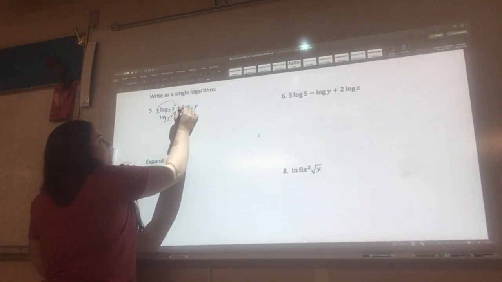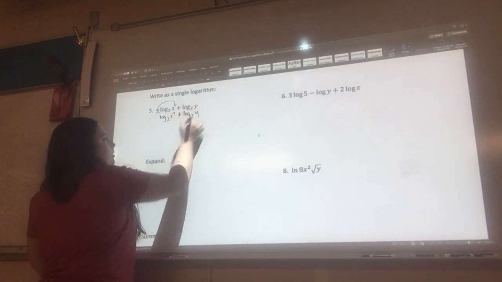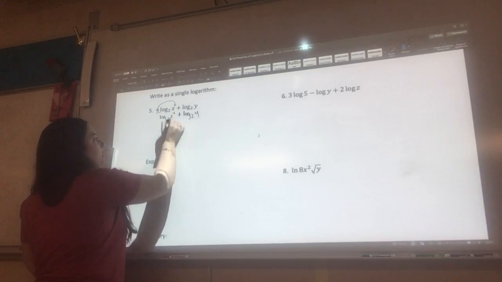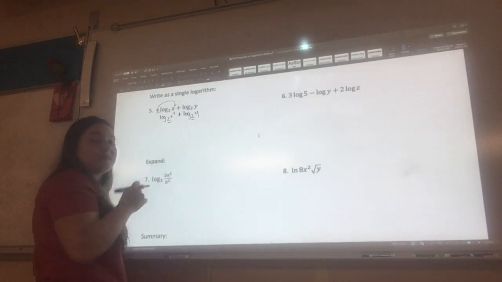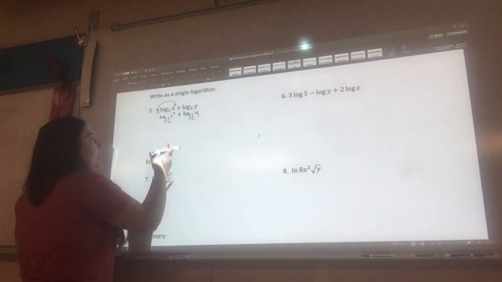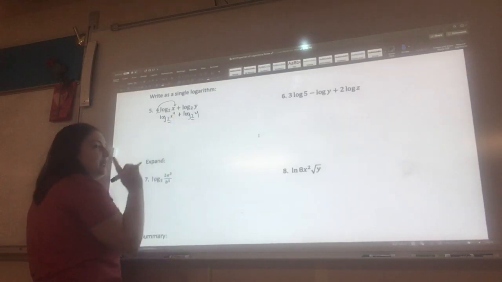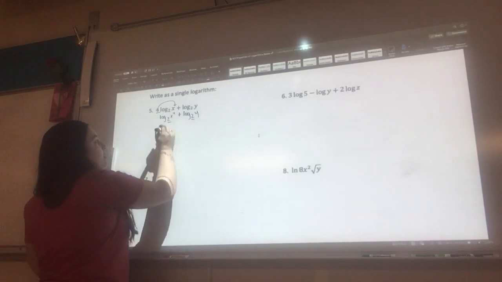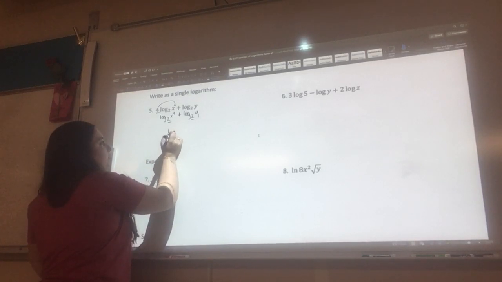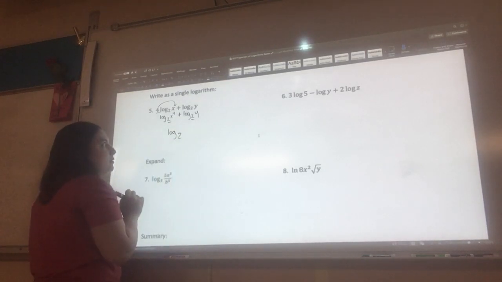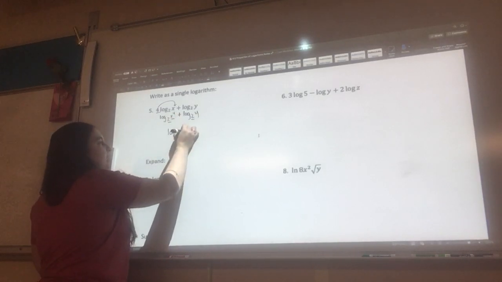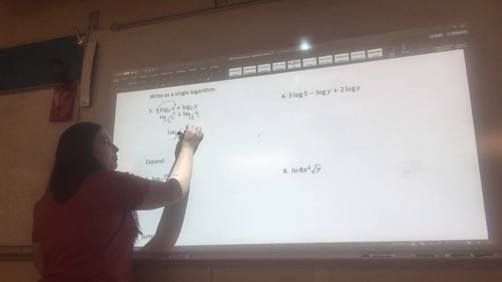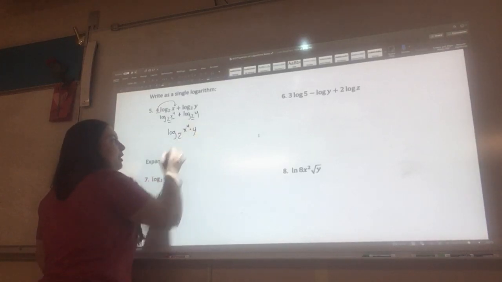Well, we also have plus log base 2 of y. Okay. Our bases are the same, and there's an addition. This means this is the product rule. So I can take the 2 logarithms and make them into 1 logarithm. I'm going to keep log base 2. But because of that plus sign, I'm now going to take my x to the 4th and multiply it by y.